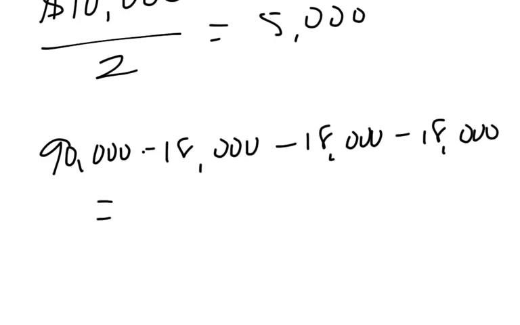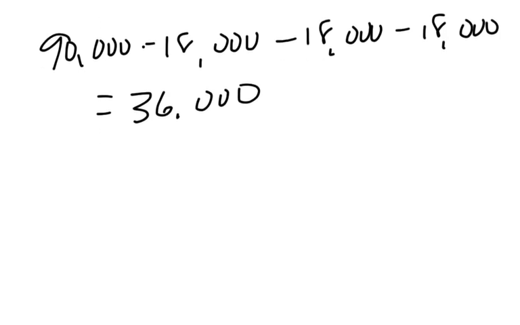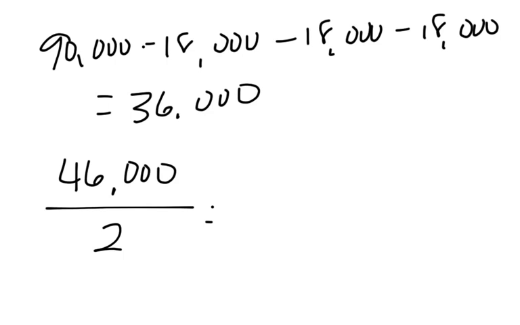So what's left in the patent account now? Should have $36,000 left in there. Okay, we've got 2 years left, but we just added an additional $10,000 in the patent account. So right now you've got $46,000 in the patent account, and you've got 2 years left to depreciate this. So each year we're going to depreciate $23,000.